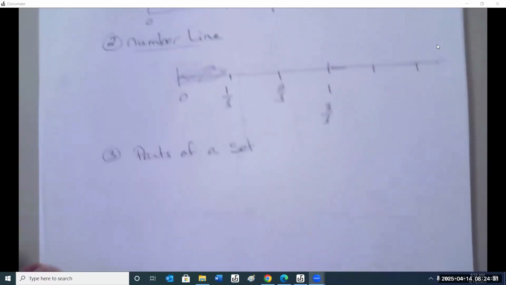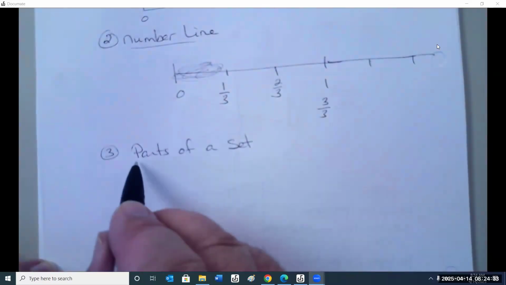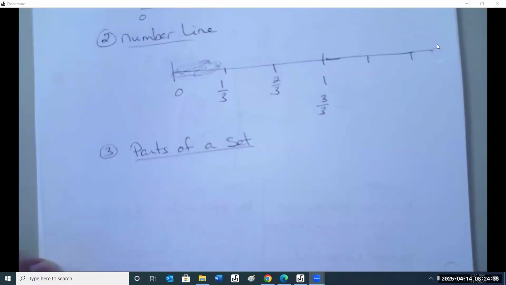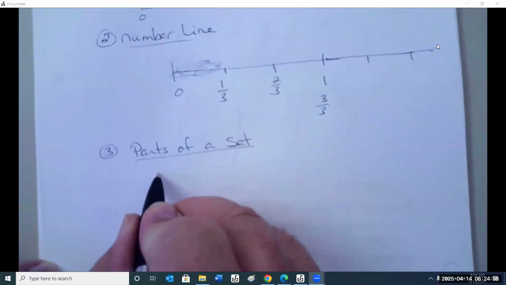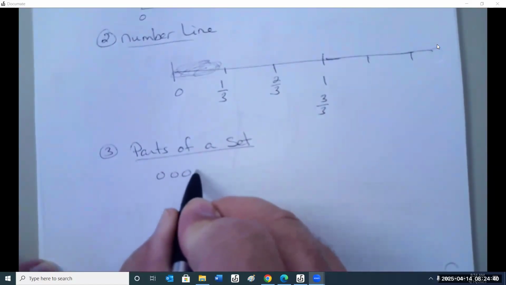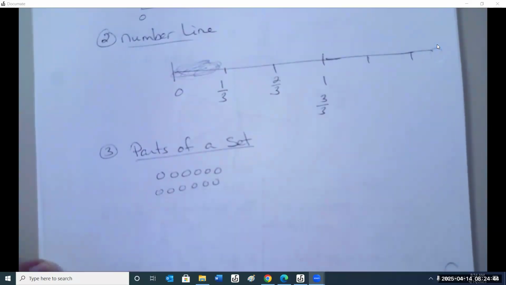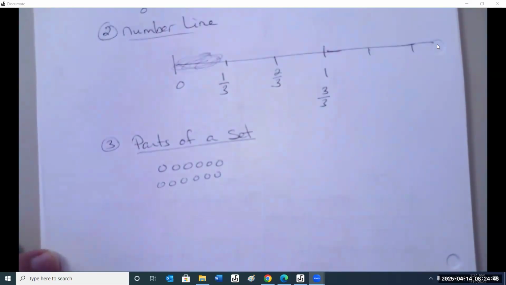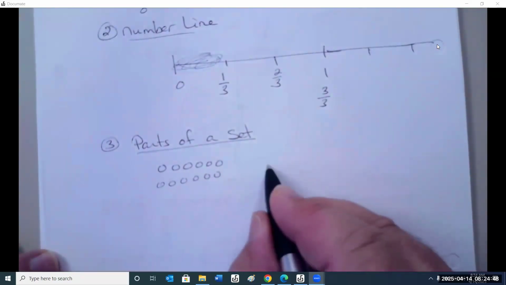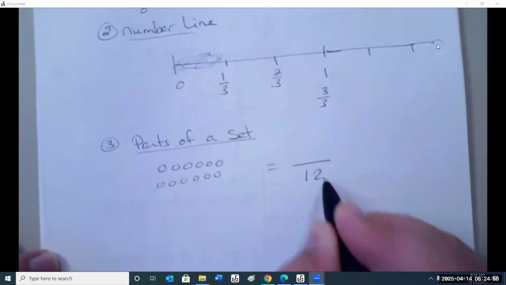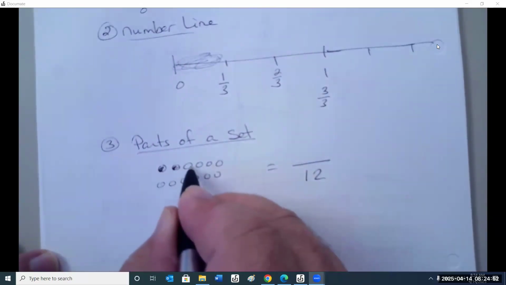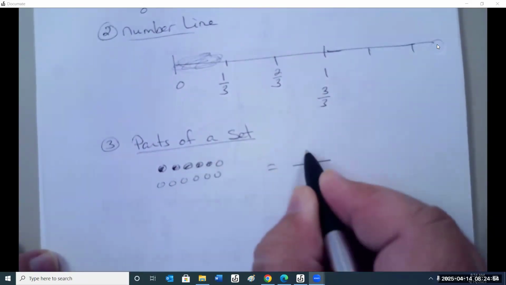And the last one is parts of a set. Here we have 12 total. And I only want 5.